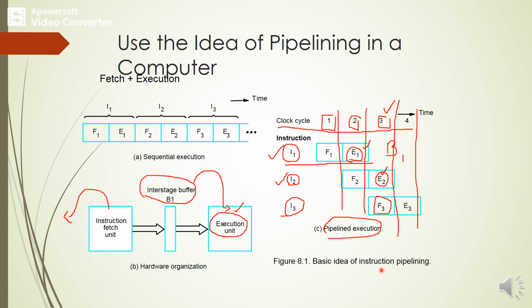Here we can consider instruction pipelining, where we overlap the execution as well as the fetch phase between instructions. During clock cycle 1, instruction 1 is fetched. During clock cycle 2, instruction 1 can be executed, and in parallel the second instruction can be fetched, and so on. That is nothing but pipelined execution of the instructions.